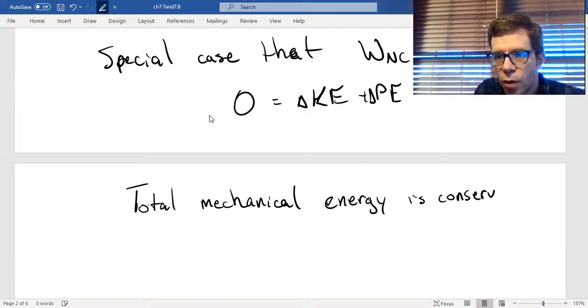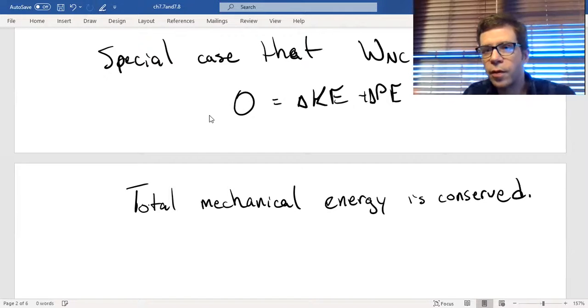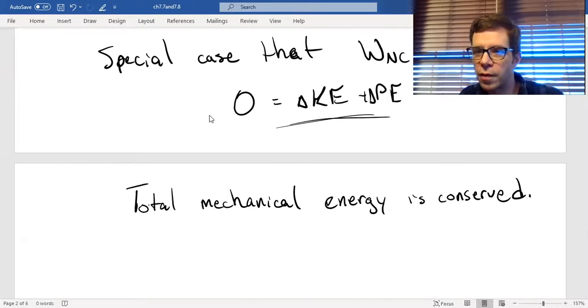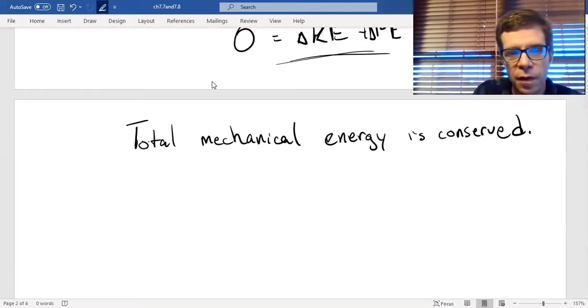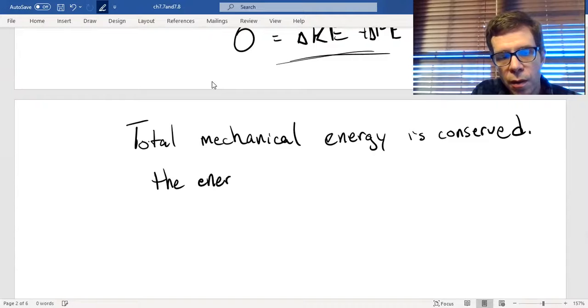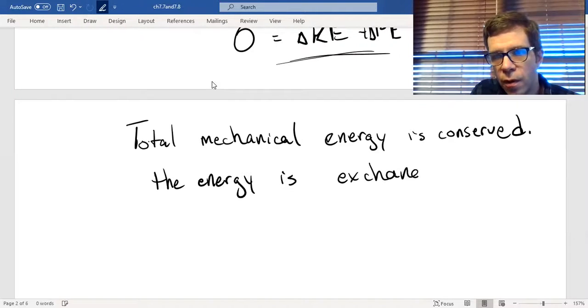It's where that word conservative comes from, is that we're conserving the internal energy here. And that means if we look at this equation, if the kinetic energy goes down, the potential energy has to go up. If the potential energy goes down, the kinetic energy has to go up. But the total energy is a constant. And the energy is exchanged between forms.